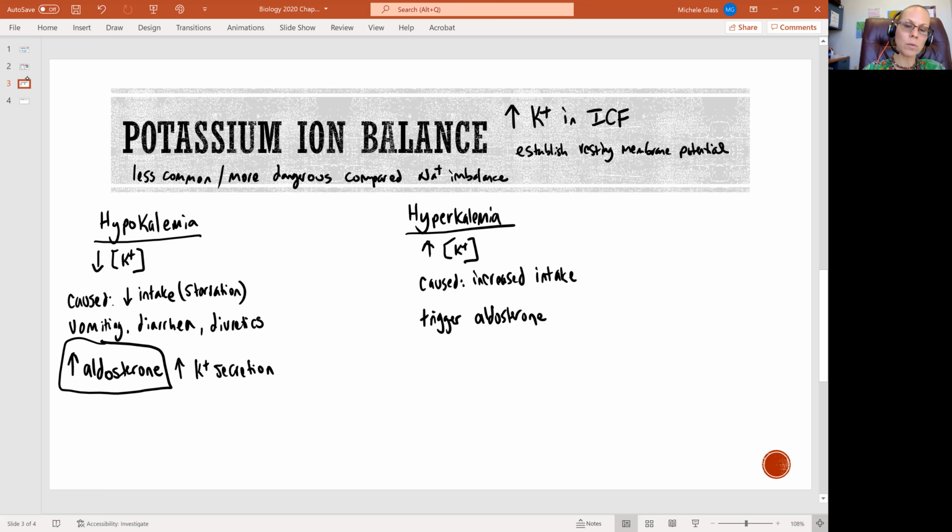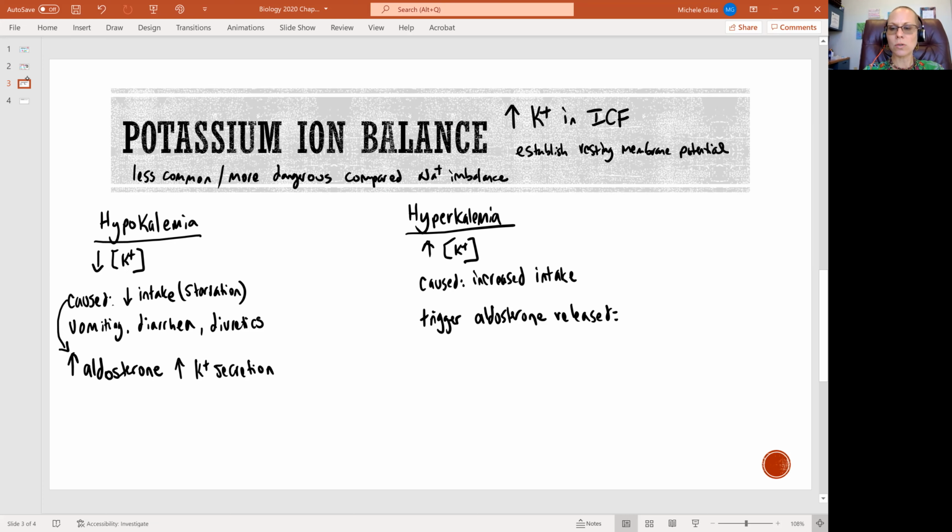So let me just go back to our discussion of hypokalemia. What we're seeing here is the aldosterone as a cause. The elevated aldosterone level can be a cause of hypokalemia, whereas the hyperkalemia solution is going to trigger aldosterone to be released.